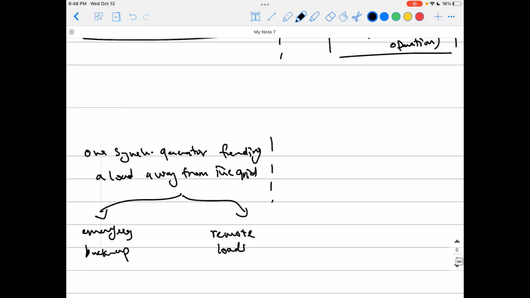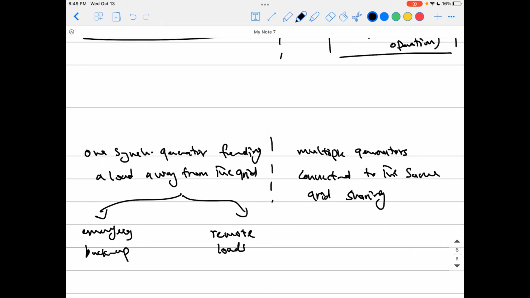Okay, for the connected to grid mode, you're talking about multiple generators connected to the same grid, sharing the load. So you have a big grid with a high number of generators connected to it, and all the loads are connected to this grid.